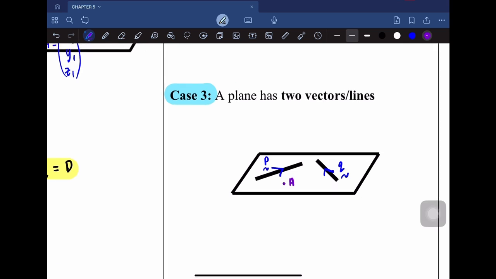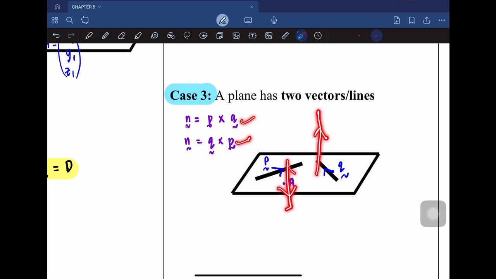So again, how do we find a vector that is perpendicular to the plane? We can simply cross product two vectors. In this case, you can find your n by cross product of P with Q, or you can also cross Q with P. So you have two options to find your normal vector, either upwards or downward, as long as it is a vector that is perpendicular to your plane.